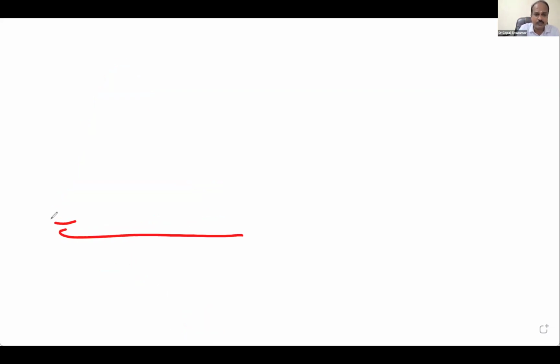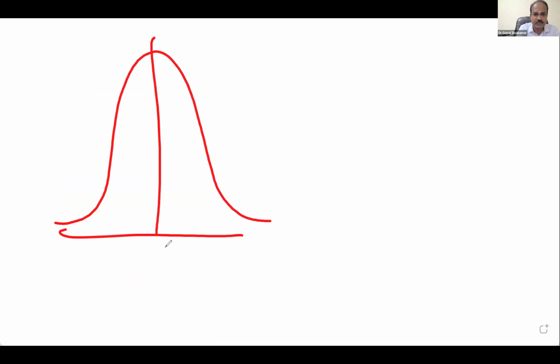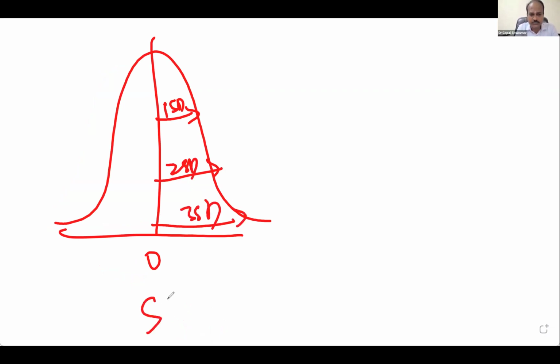In the standard bell curve, the center will be 0 and there is 1 standard deviation here, this is 2 standard deviations, and this is 3 standard deviations. So this is known as the standard normal distribution. Here the properties will be exactly the same: 68.27, 95.45, 99.73.